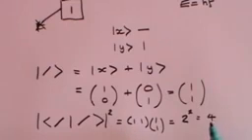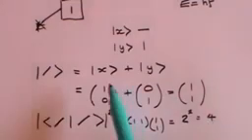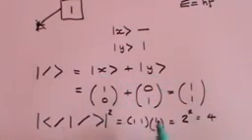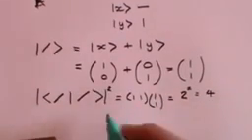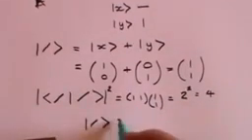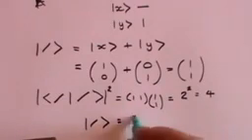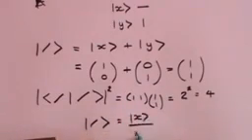So we have to do what's called normalize. We have to adjust this so that when we do this calculation here, we get 1 instead of 4. And the trick is that you simply make the forward slash state equal to x divided by the square root of 2 plus y divided by the square root of 2.